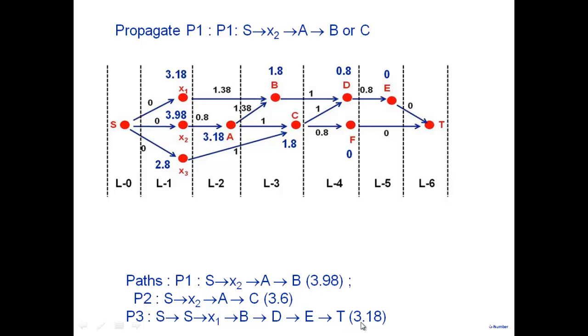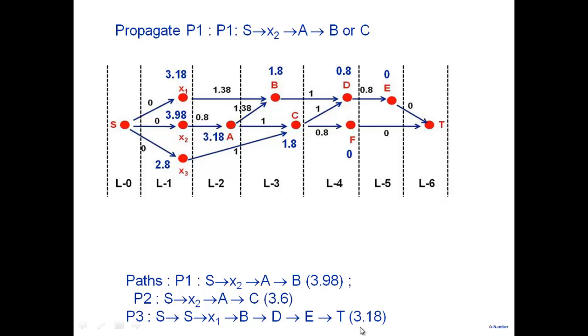S to X2 to A to B, 3.98 here, right? Or the other one, S to X2 to A to C, the esperance is 3.6. These are the two choices that you get here. So you calculate 3.98 and 3.6. And the previous path that we had already calculated was 3.18.